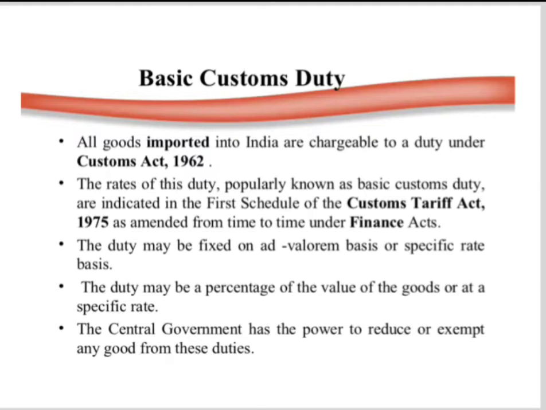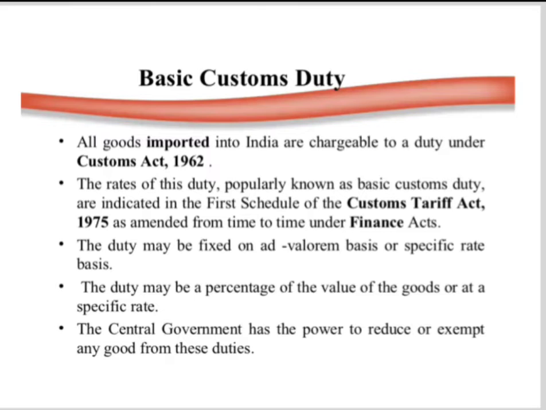In the Customs Tariff Act, the rate for each item bought from each nation is written, based upon the quantity, the number of items, and the country from where it is imported. So the charges have been fixed and listed in the Customs Tariff Act of 1975, and as the years pass, the charges are also changed.